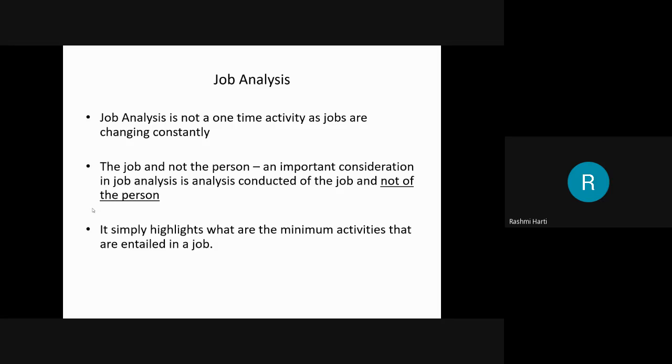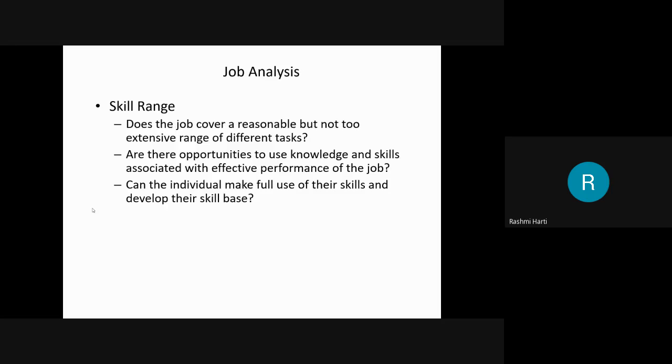That is the minimum thing you are supposed to do in a job. The company expects much more than that. So job analysis is the minimum activities required in a job. Here, job analysis also looks into skill range: does the job cover a reasonable but not too extensive range of different tasks?